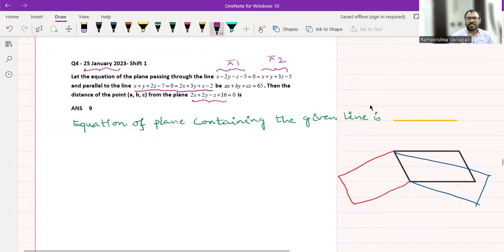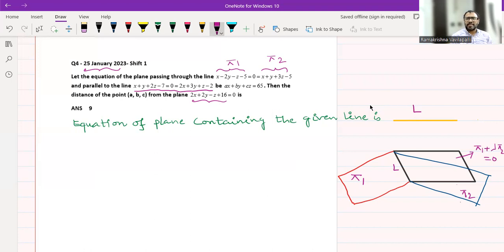So here, assume this is plane 1 and this is plane 2. So this is the plane containing the line of intersection of the given planes. So pi 1 plus lambda pi 2 equal to 0. Right? And this is the line given in unsymmetric form.